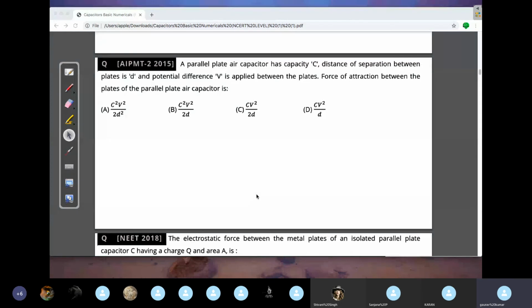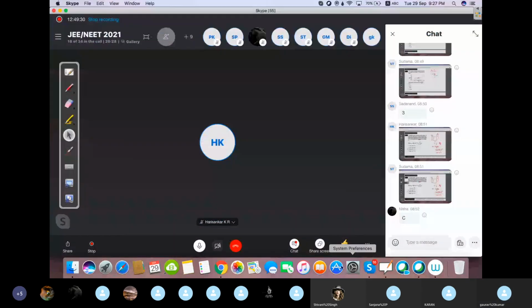The force of attraction between the plates of the capacitor is?